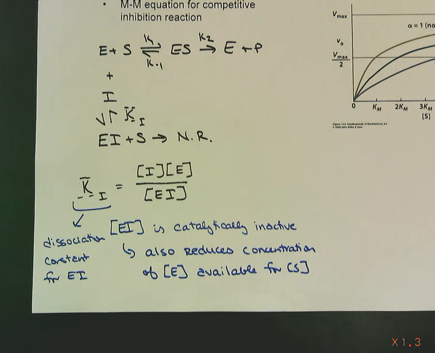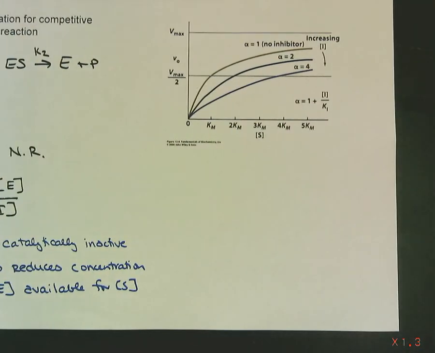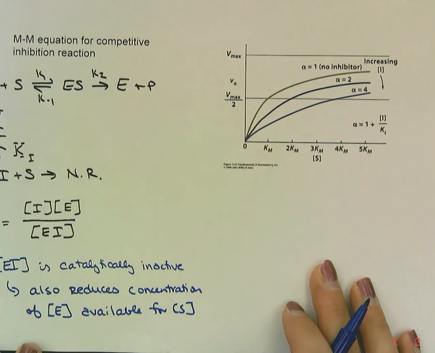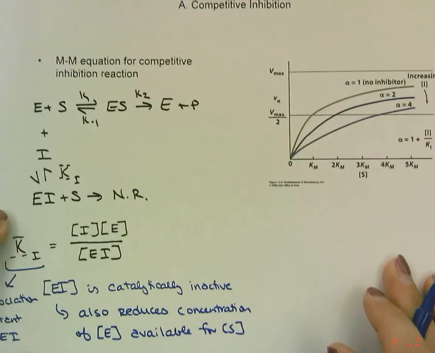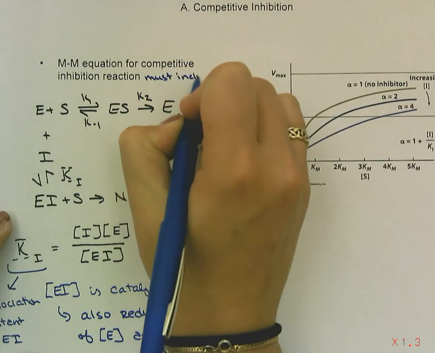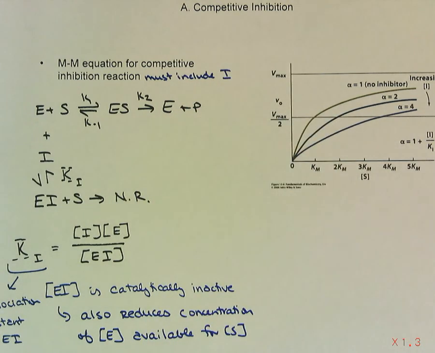Okay, so now let's look at how this plays into our original Michaelis-Menten equation. The Michaelis-Menten equation for a competitive inhibition reaction must include a term that tells you there's an inhibitor in there.